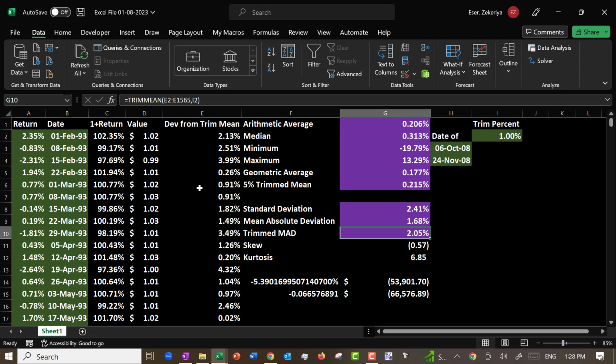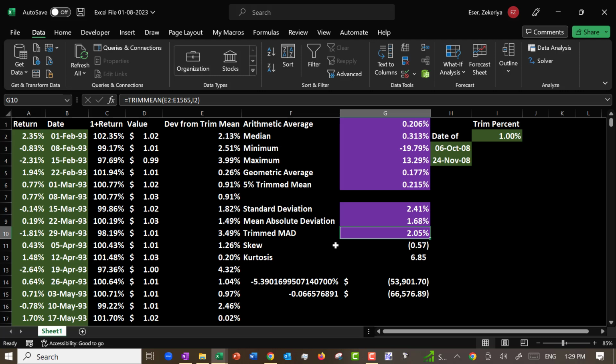We talked about some basic measures of central tendency, which is the average kind of stuff, and measures of risk. Today I'm going to spend more time on something like percentiles, and we're going to actually use those percentiles to get an idea about measures of risk, such as value at risk.